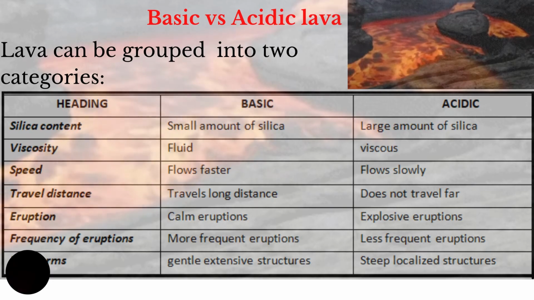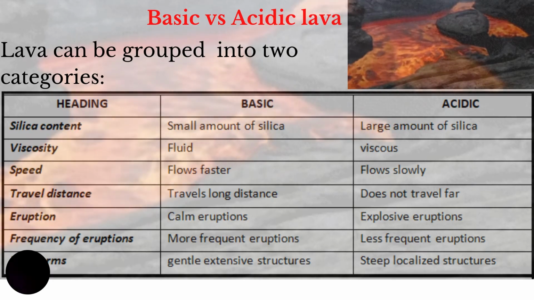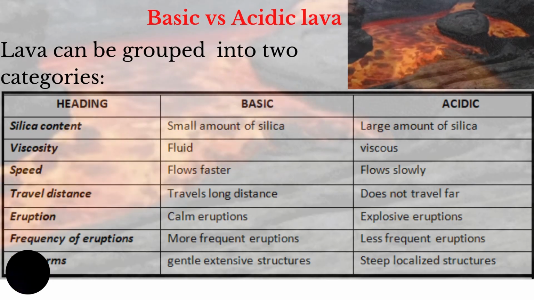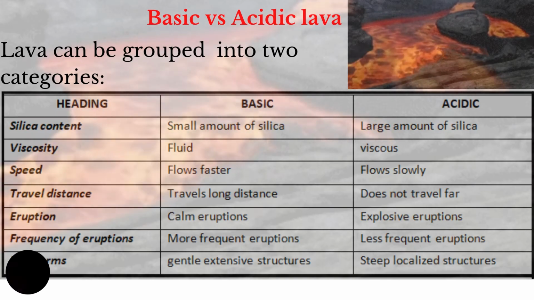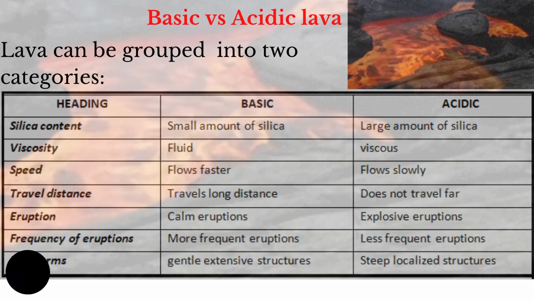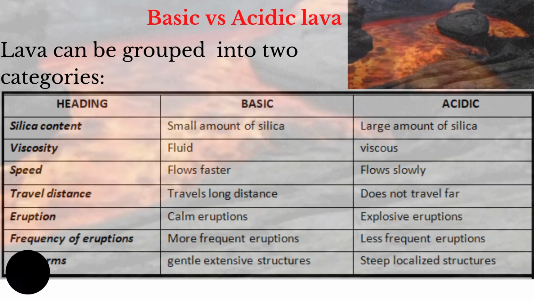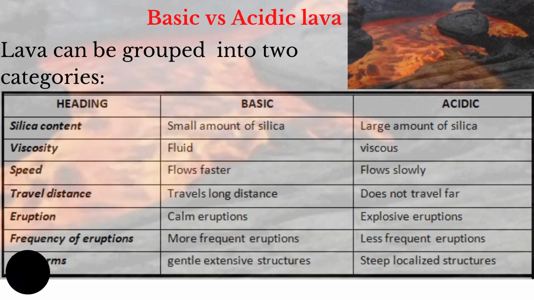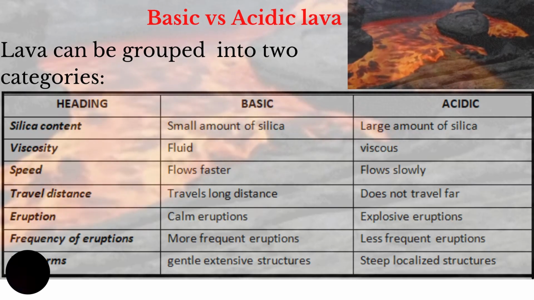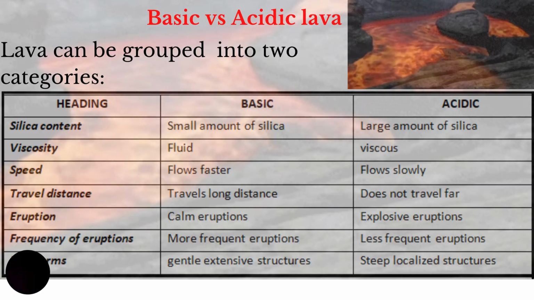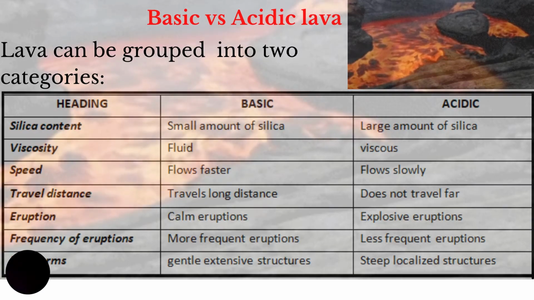Basic lava gives rise to structures that are generally low and gentle and extensive, but there are exceptions. Acidic lava gives rise to steep localized structures.